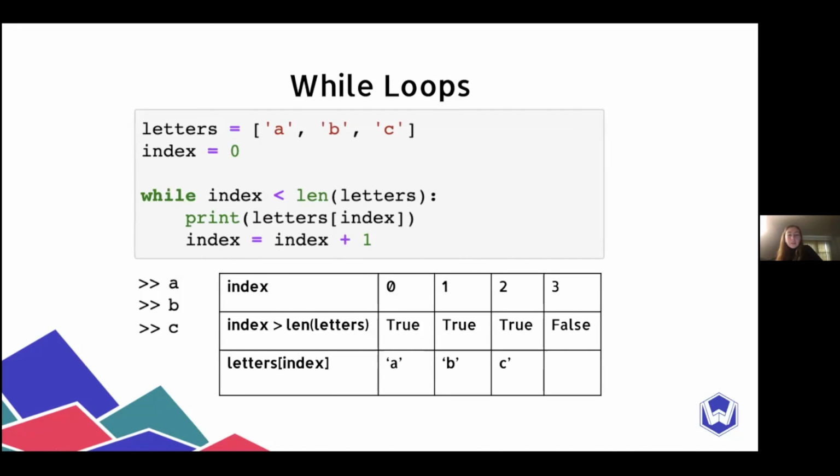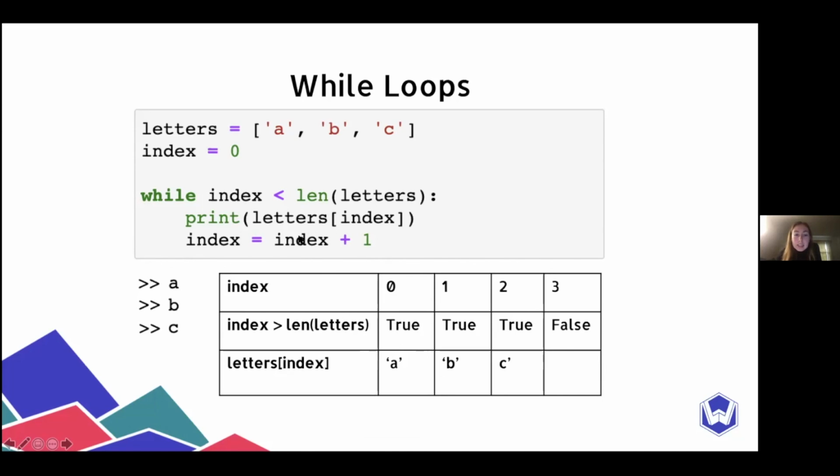And I've included a table if you're having some trouble walking through, seeing the loop. We see that the index begins at 0. We check is index less than the length of letters. That's true, so we move on. We print out this A, which is at the 0th position of letters, and then we add 1 to index. Now it's 1, so we go through again.